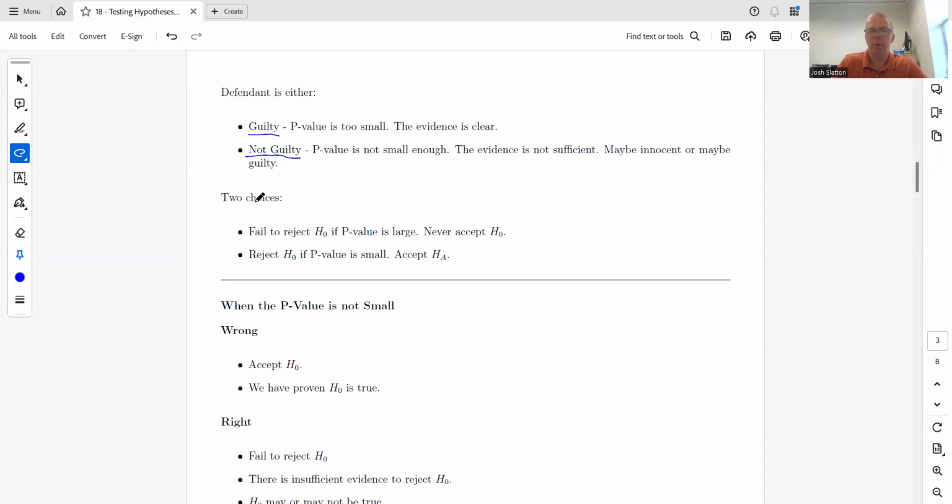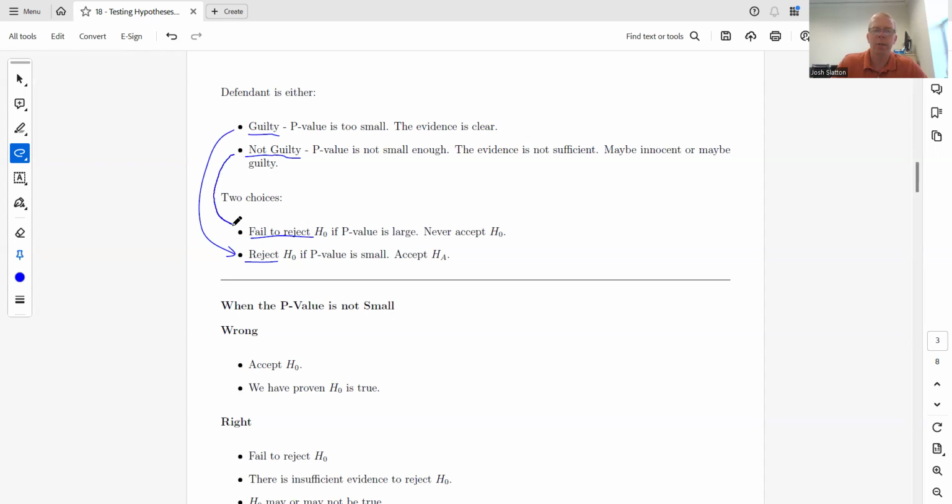And here's another example. Now we have two choices. We can either fail to reject the null hypothesis if the p-value is large, or we can reject it. So you either reject or you do not reject. You're guilty or you're not guilty, and these two go together. If they're guilty, then you reject the null hypothesis.